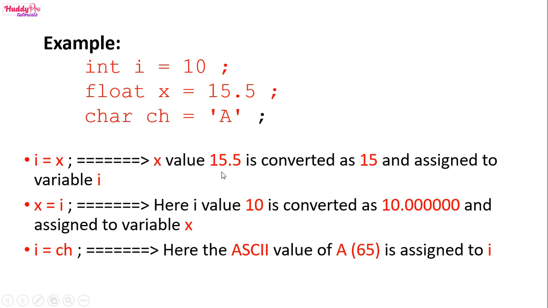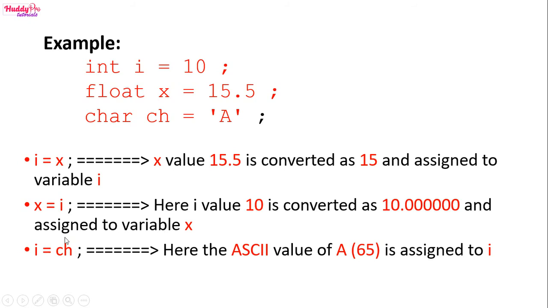So this is what we call implicit type conversion. And if x, which is a float variable, is assigned I, so if we assign 10, which is stored in I, to x, since x is a float, this value of 10 is going to be converted from integer 10 to a float 10.000000. There are 6 zeros for a float. Okay, and then it will be assigned to x.